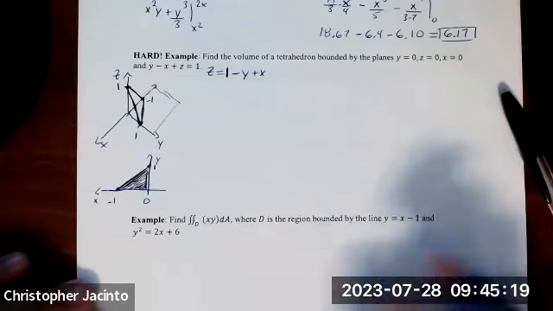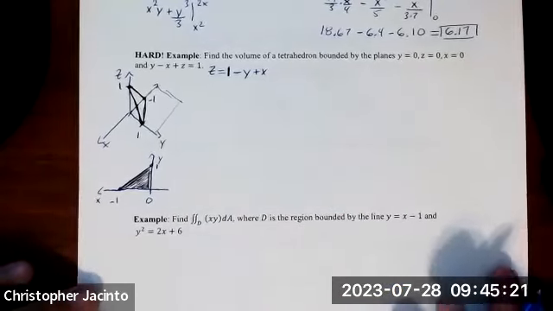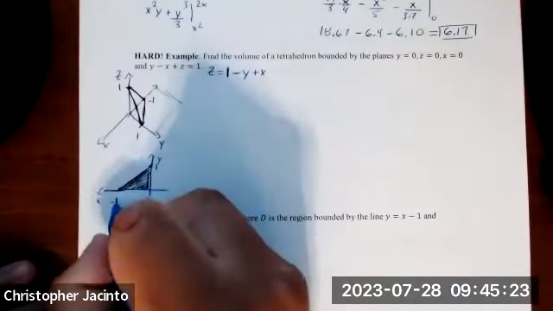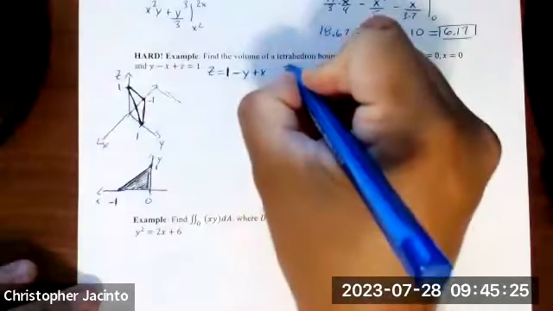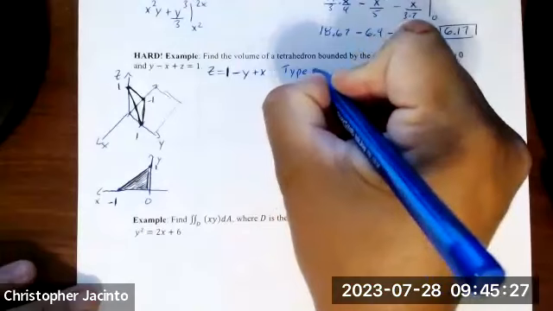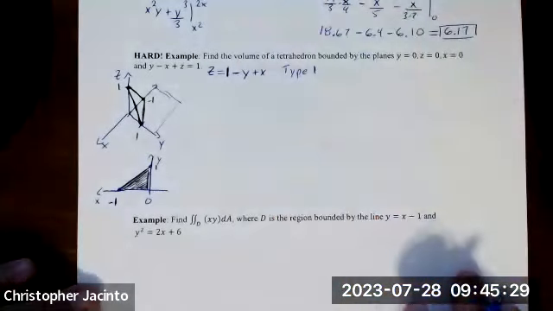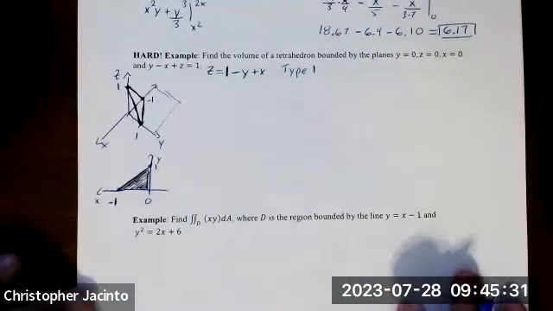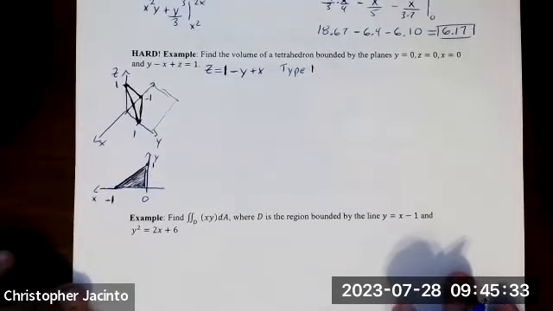Okay. All right. So the good thing is we can still do a type 1. You can actually do a type 2 as well, and both of these will actually be the same, so the same amount of work no matter what.